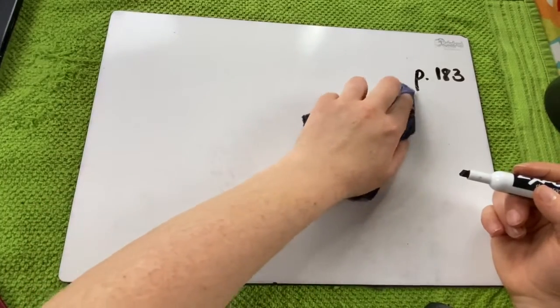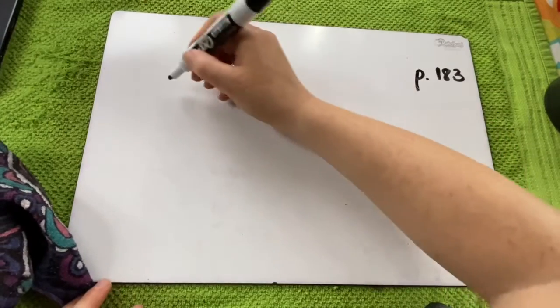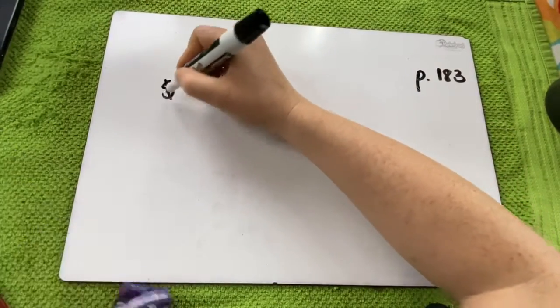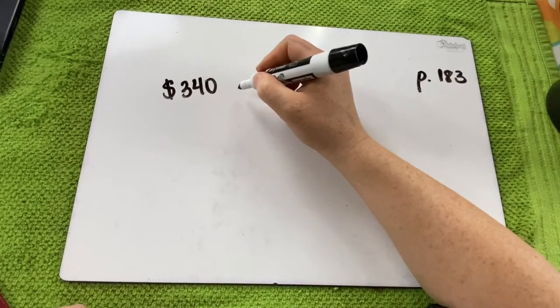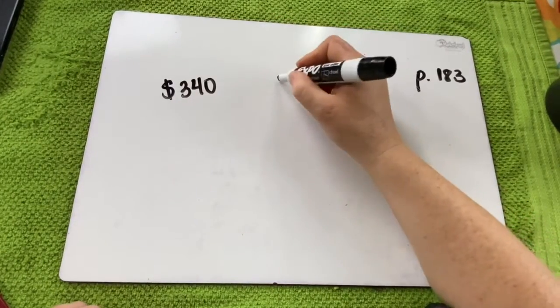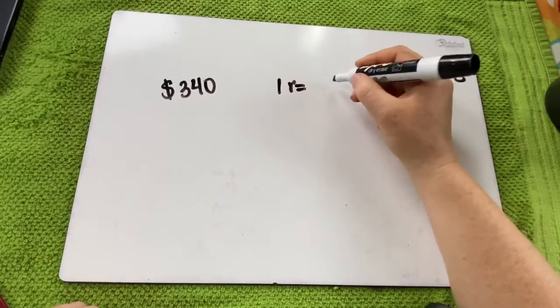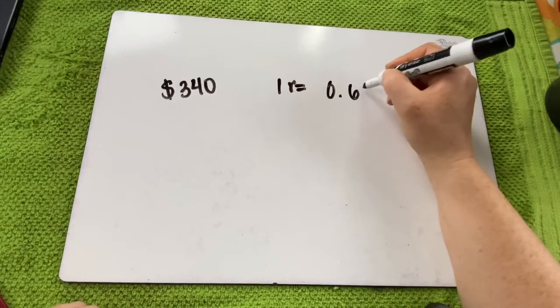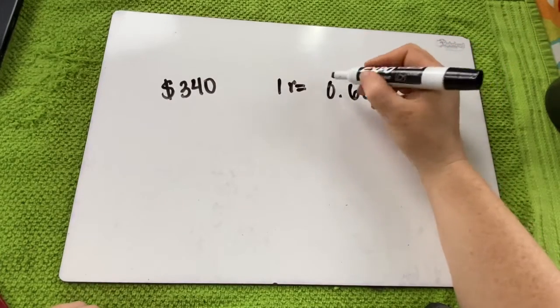Let's do another one. Okay. It says convert $340 to South African Rand. And they say 1 Rand is 0.607.